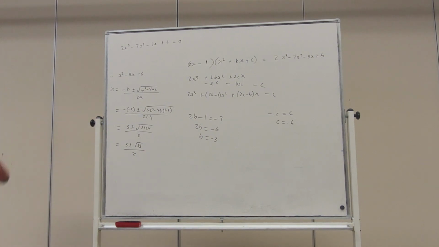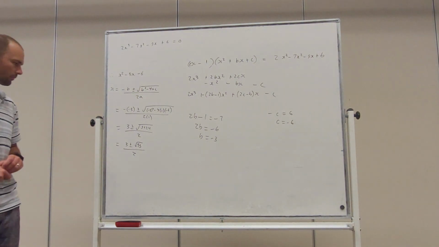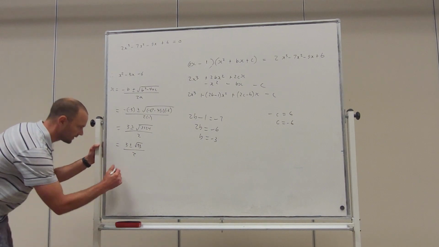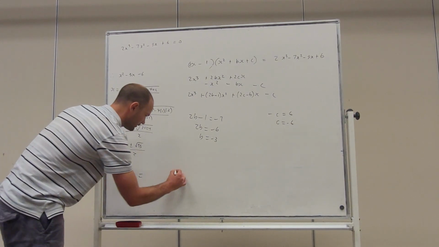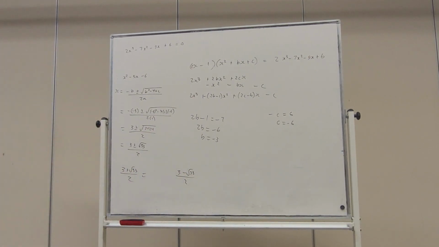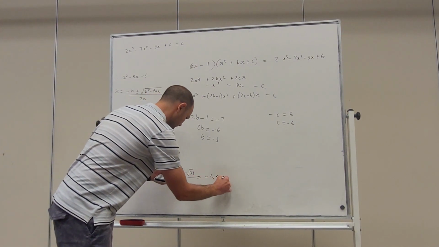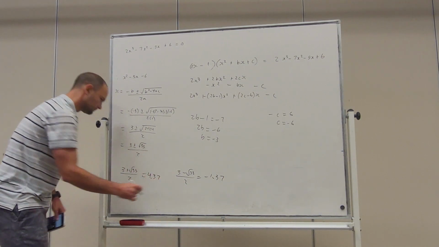So the two values, remember how we had the 1.7 up here and the 9 and the 3.4? Those are those ones expressed exactly. So if I have 3 plus root 33 on 2, and 3 take root 33 on 2, let's just relate it back to the question. This is going to correspond with the minus 1.37, and this will correspond with the 4.37.